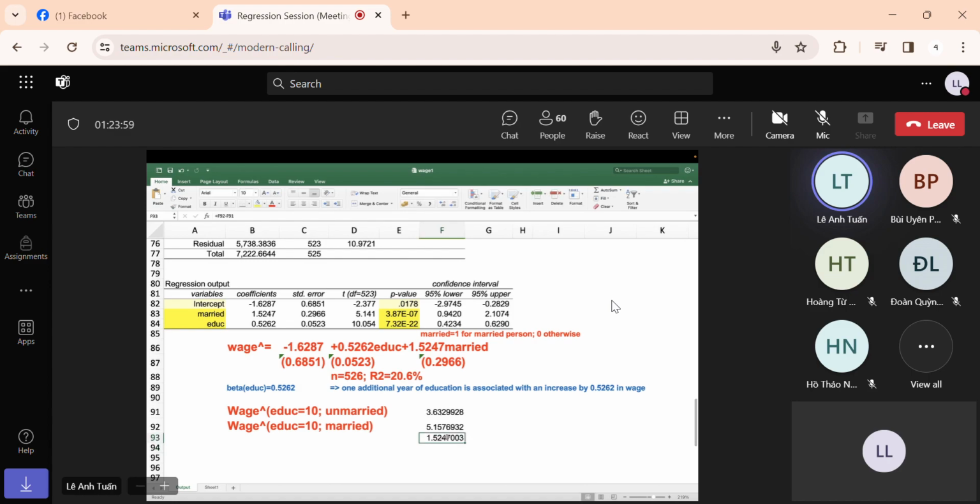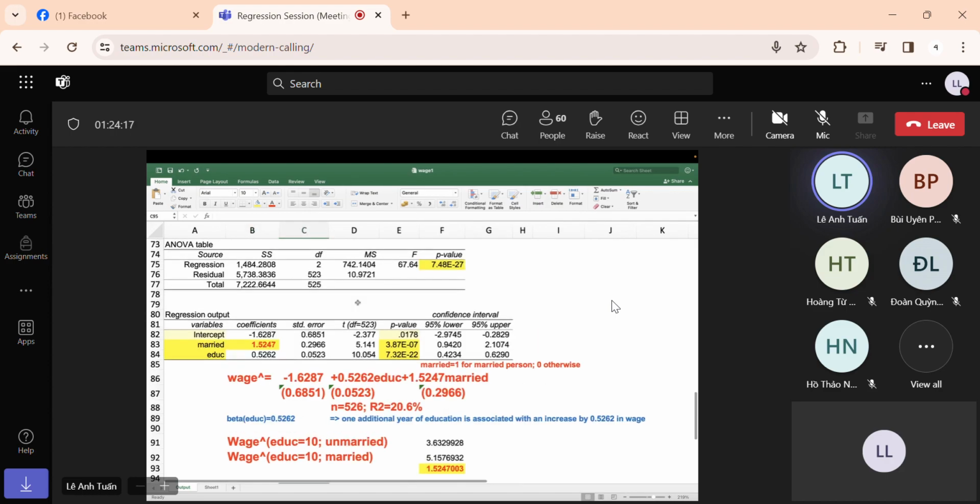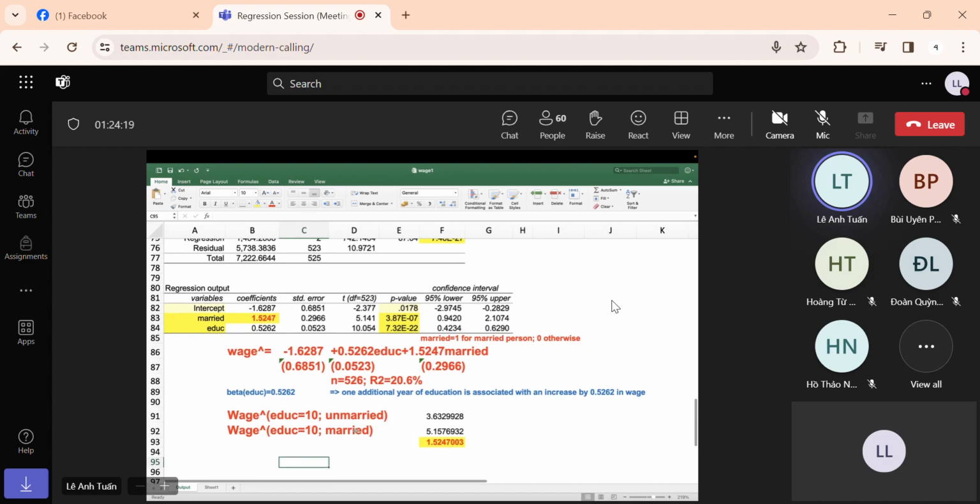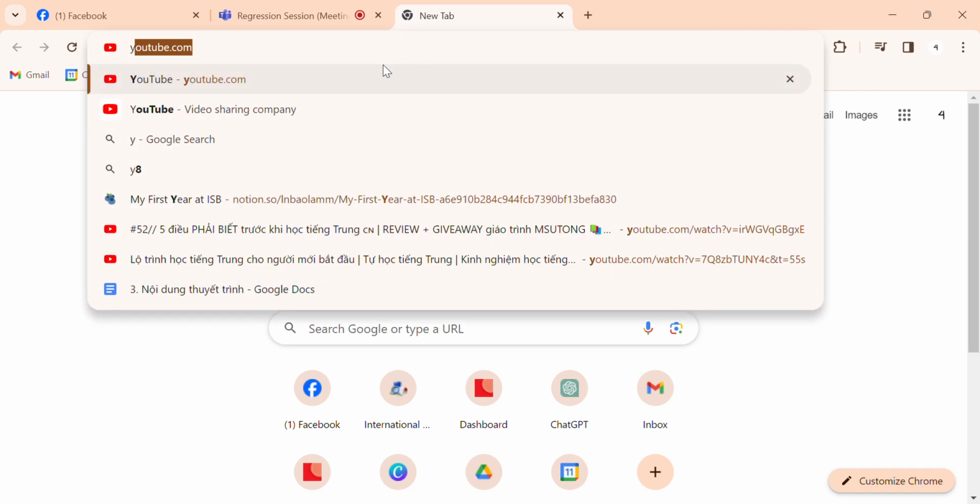So we have the coefficient on marriage. This coefficient shows the difference in wage between the married people and unmarried people.